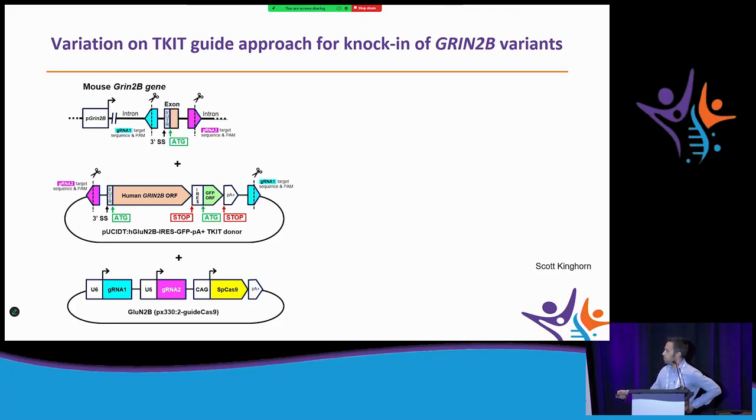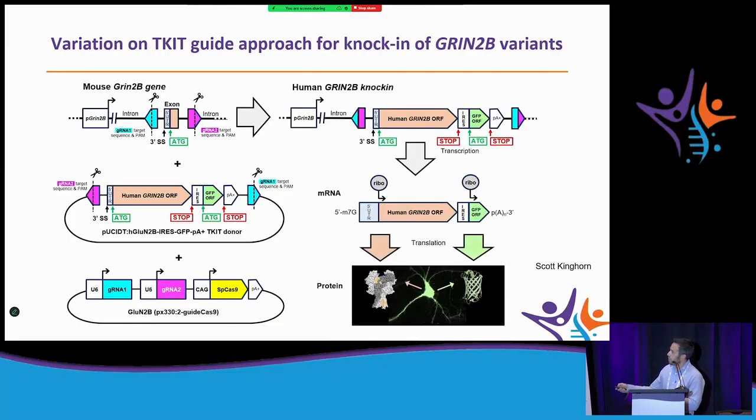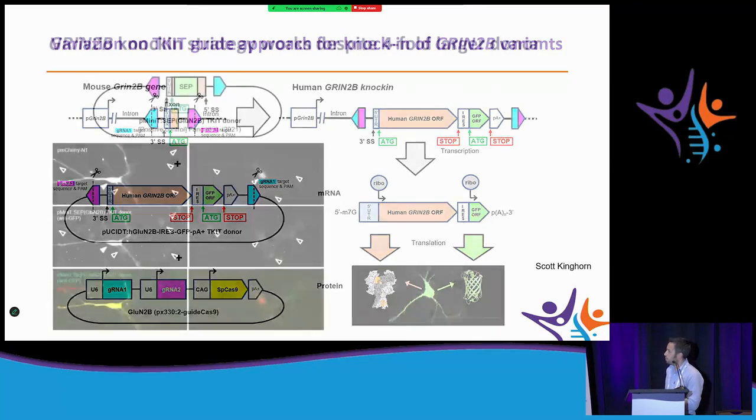So what we've done is use the same CRISPR construct, but this time we are designing a donor so that once it splices out the exon, we replace it with the open reading frame of the human GRIN2B, and then have an IRES, GFP and a polyadenylation signal. This essentially replaces that exon with this sequence, which generates an mRNA that can express both the GRIN2B variant and the GFP, all from the endogenous promoter.